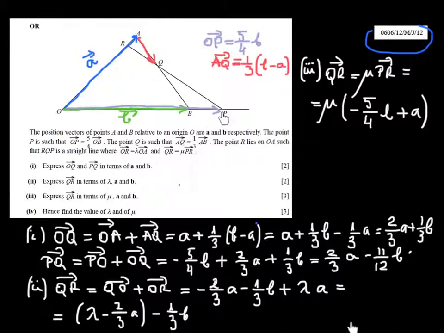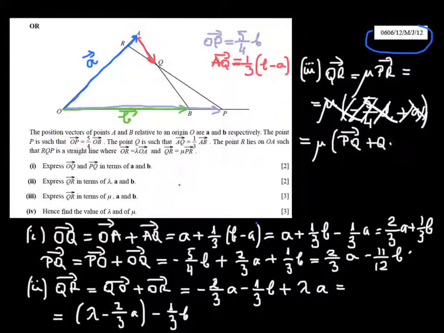Because if you go from P, negative 5/4 B brings you to O, but then plus A brings you to A and not to R. So this is incorrect. Okay, so going back, I write PR as PQ, because I know it, plus QR.